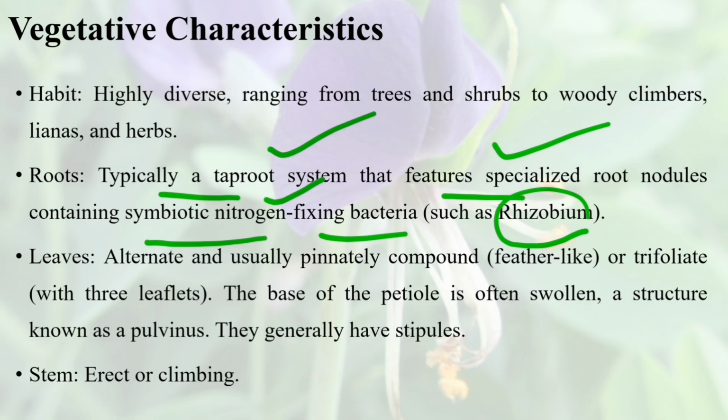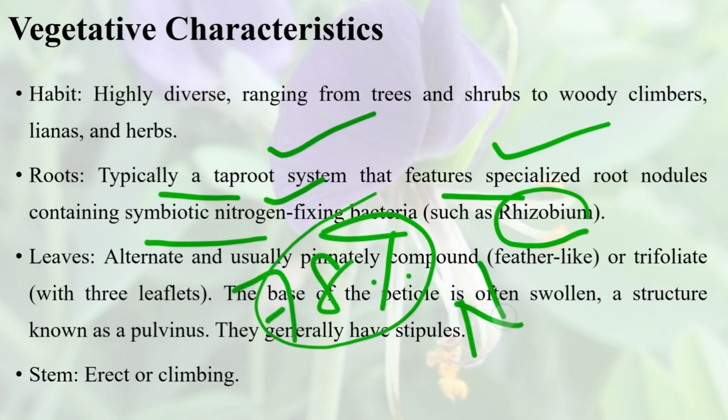In our environment, an abundant amount of nitrogen is there, approximately 78% in molecular form, but our plants cannot absorb it directly. So that nitrogen is first converted into nitrate, nitrite or ammonia, then the plant can absorb nitrate, nitrite or ammonia or any compound of nitrogen from the soil.